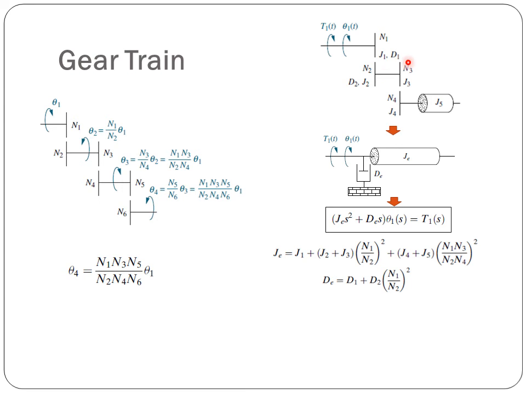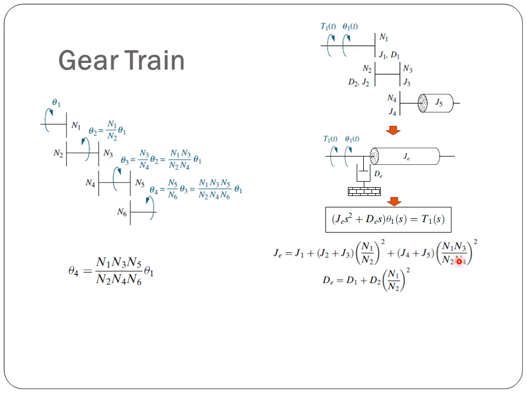How? By multiplying n3 by n4 whole square, and then we have to transfer from here to there, that is n1 by n2 whole square, which is the principle of the gear train. We have to multiply 2 times, n1 by n2 and n3 by n4 whole square. So we first transfer from here to here and then here to here. As a result we have 2 factors here.